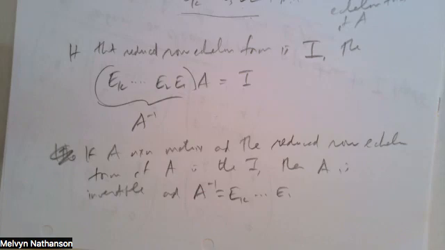So if the reduced row echelon form of a matrix is the identity, then the matrix is invertible, and we have a way to find the inverse.